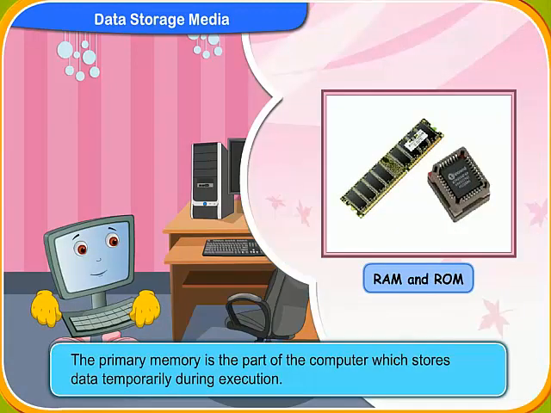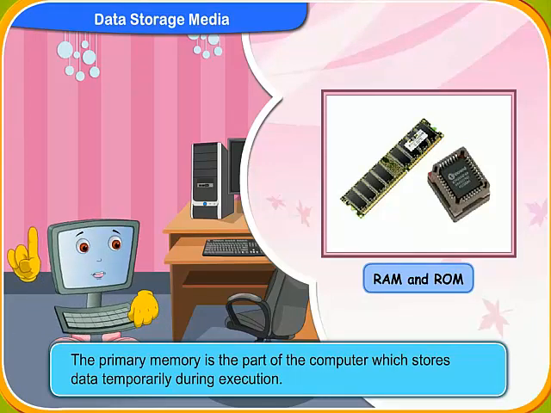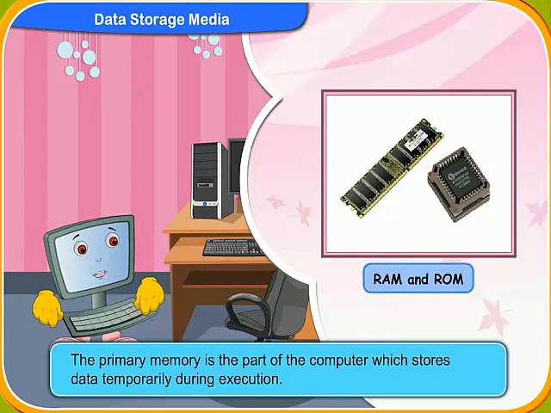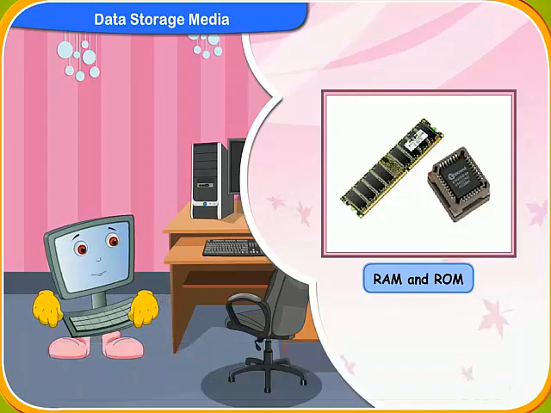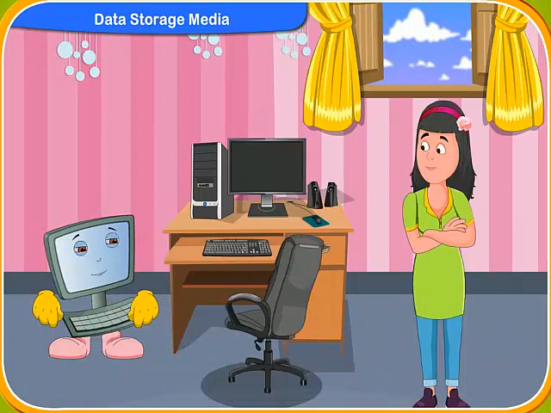Correct, Rennie. The primary memory is the part of the computer which stores data temporarily during execution. The computer's primary memory lets us know about the amount of data that a computer can store in it. Since you already know that the primary memory is the RAM and ROM, let me tell you more about them.